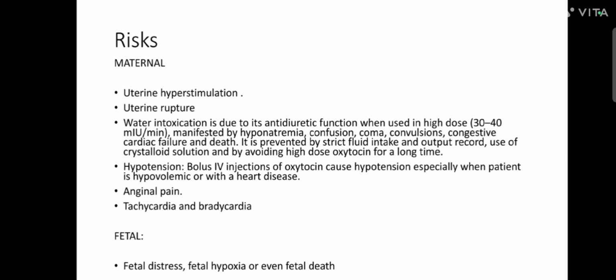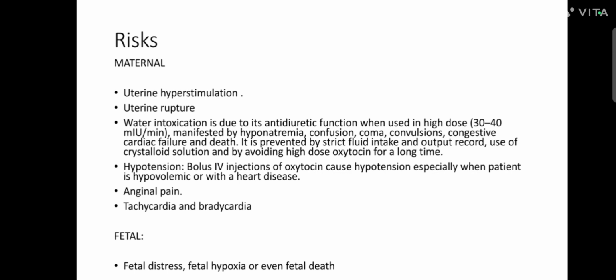We should also know that it should never be given as an IV bolus because it is going to cause hypotension, especially in patients who have cardiac disease and patients who already have hypovolemia. It will also cause anginal pain, and sometimes results in tachycardia or bradycardia.